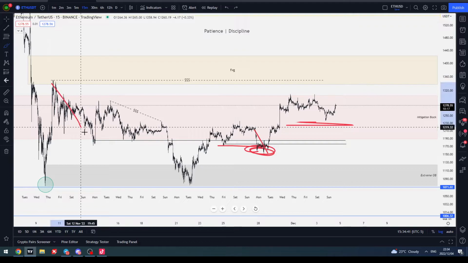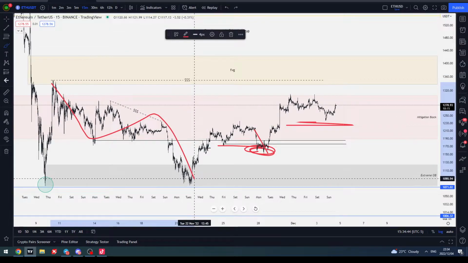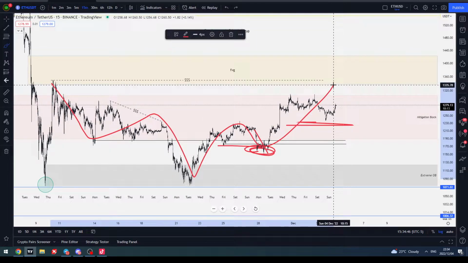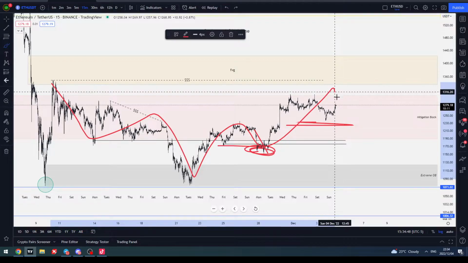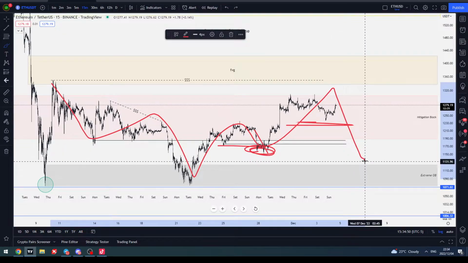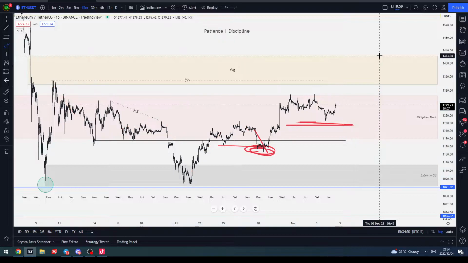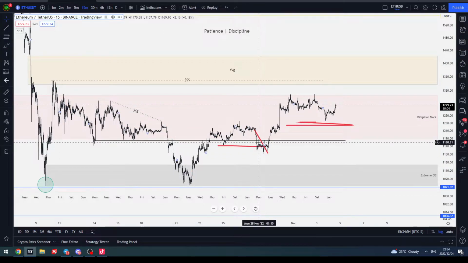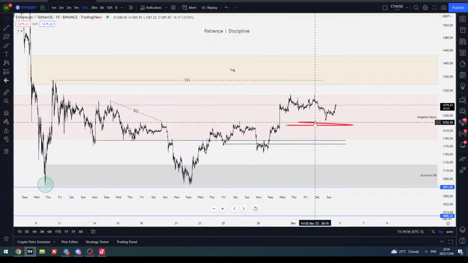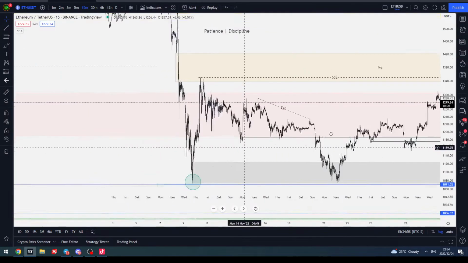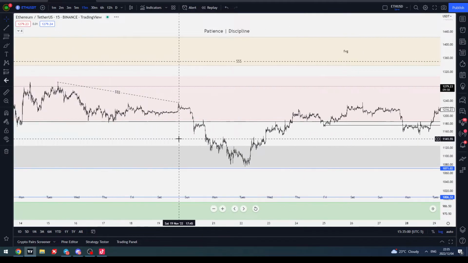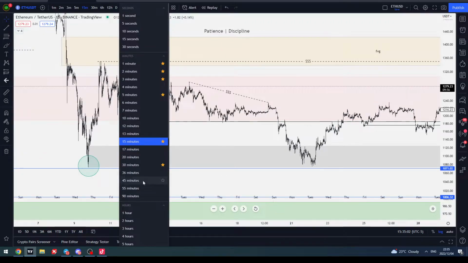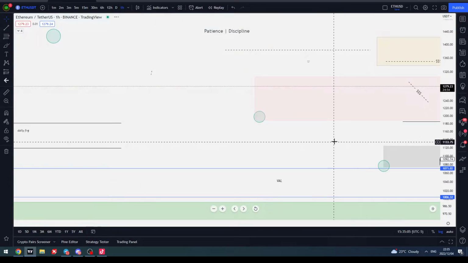So again: accumulation, failure, swing, opposite liquidity run, continuation, push, retrace, continuation. Now the entries on Ethereum, like I said before, are going to form around the lowest closing down candle before the liquidity run. Let's just go to a 1 hour.